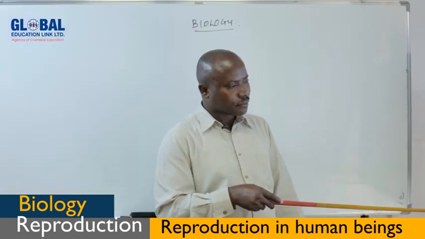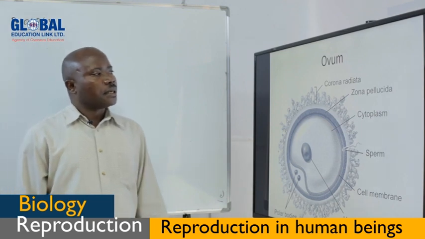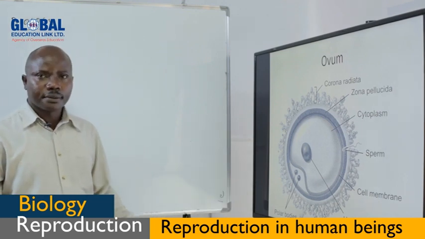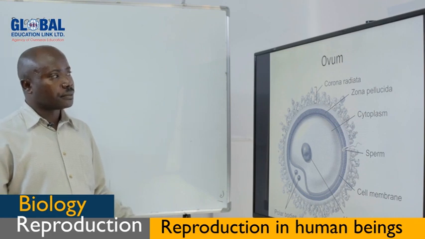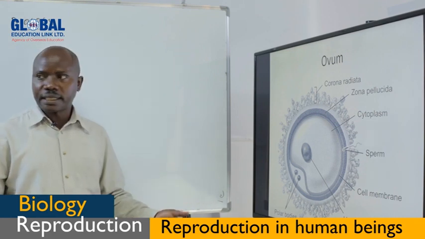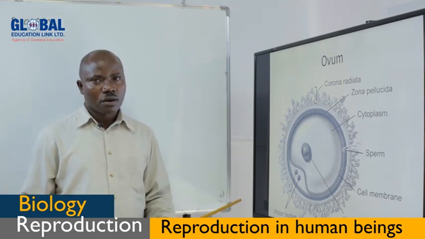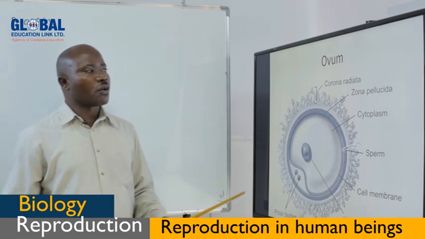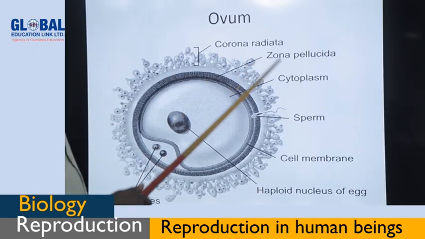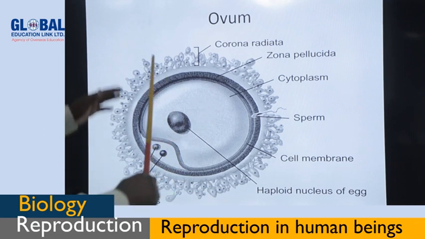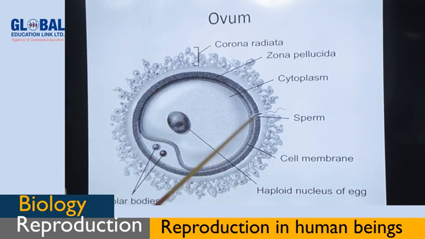Dear students, after we have done the presentation showing how oogenesis takes place, let me show you the structure of the mature ovum. I said the mature ovum has the corona radiata forming the outermost layer. We have the zona pellucida, the layer next to the corona radiata, leading to the inside part of the oocyte.